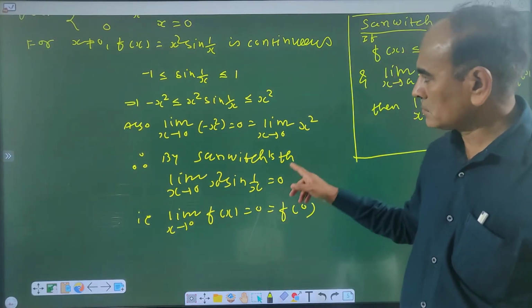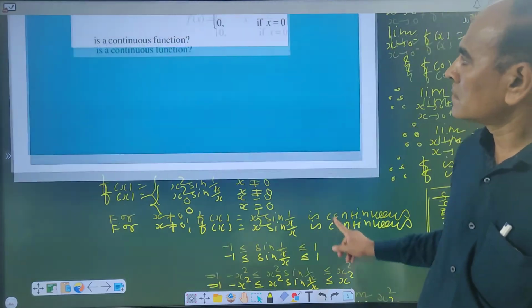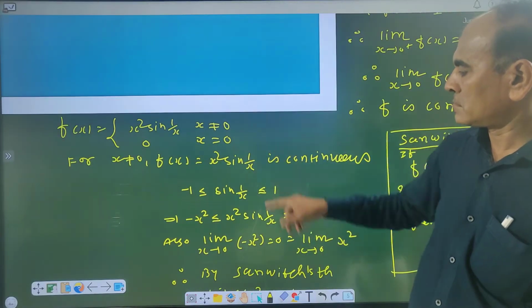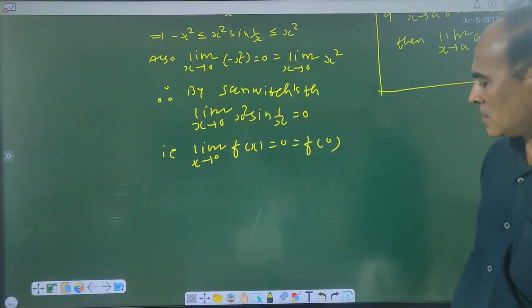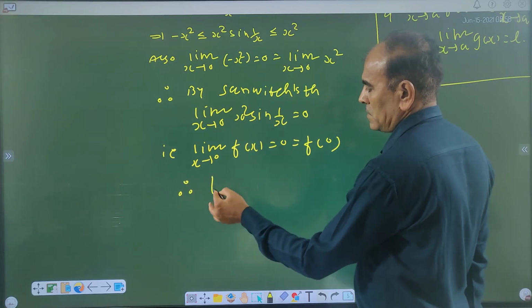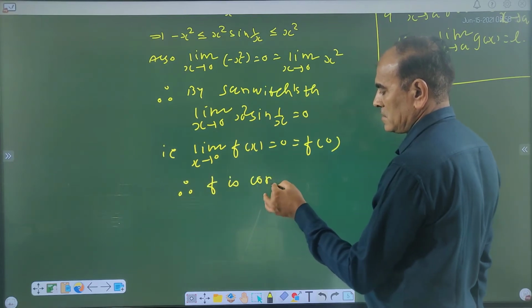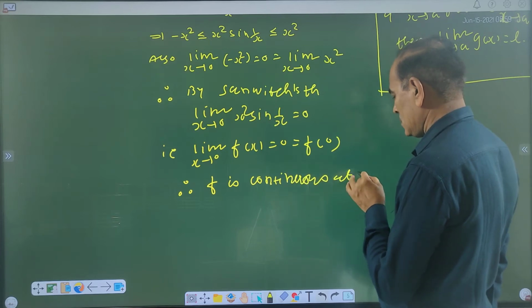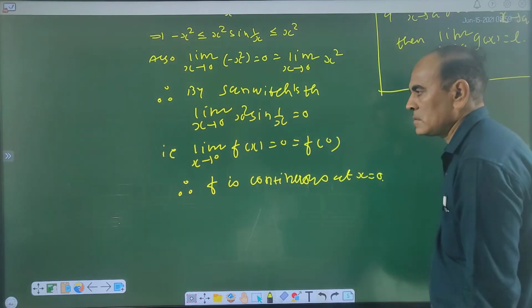See? If x is equal to 0, then f of x is 0. And therefore f is continuous at x is equal to 0 also.